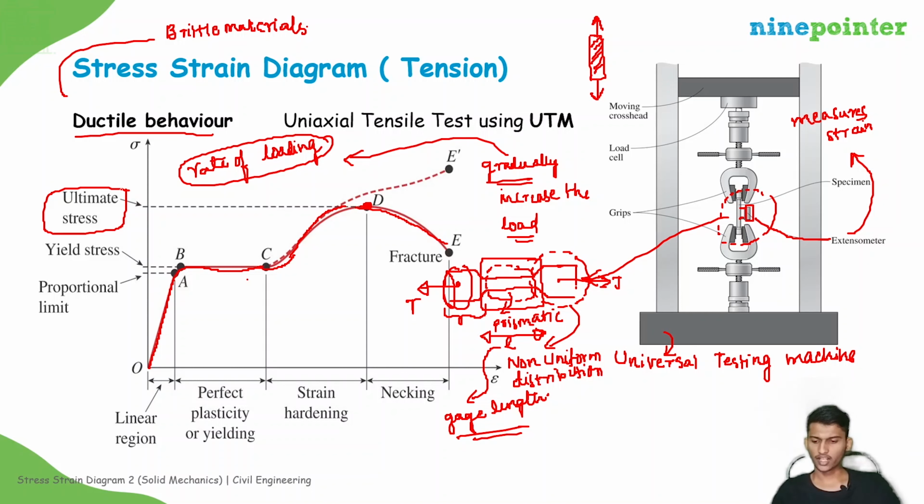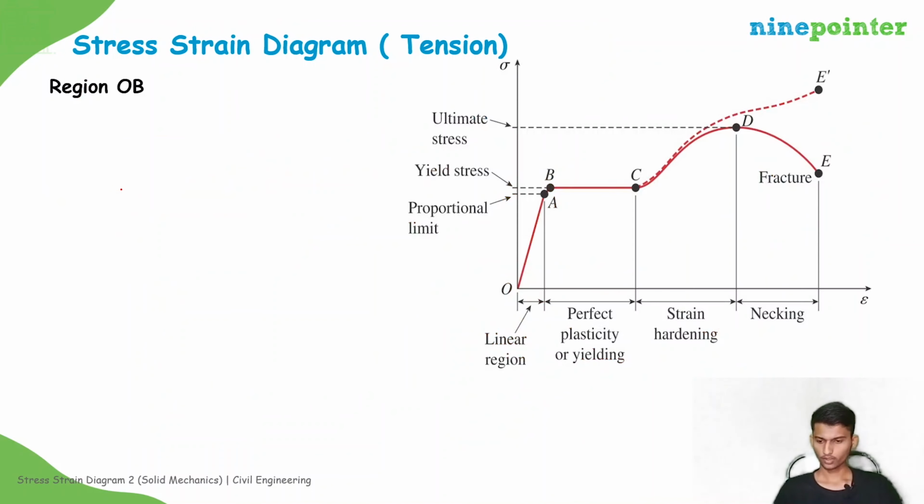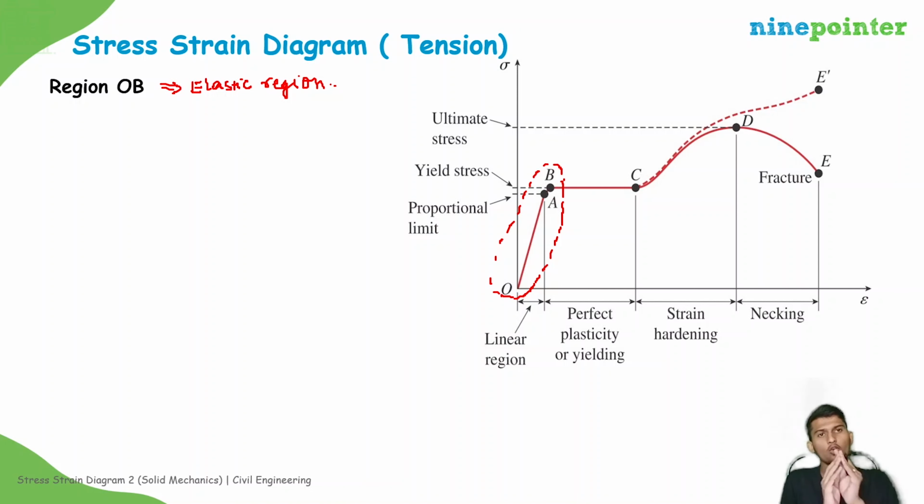Let us first understand region OB. Okay. Region OB, you see region OB. This is region OB. Region OB is the elastic region. Elastic region means once you remove the load, the rod will regain its original shape and size through the same path.